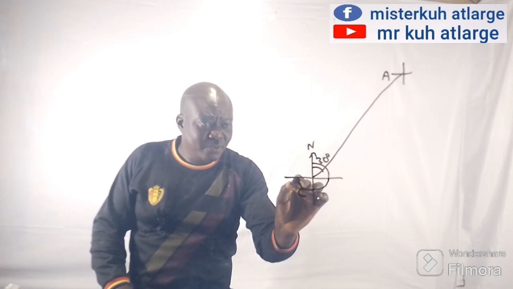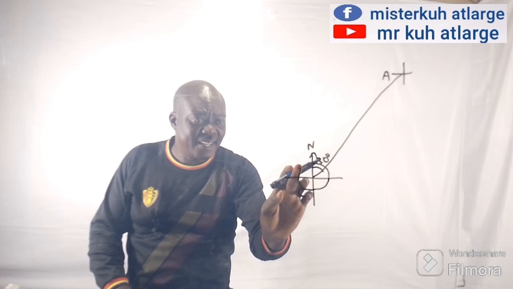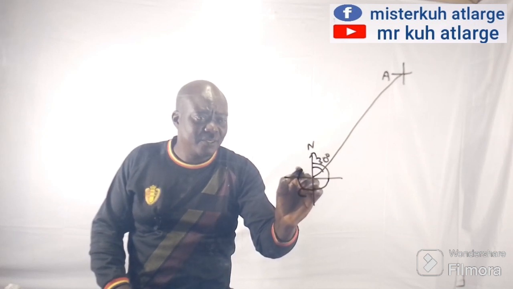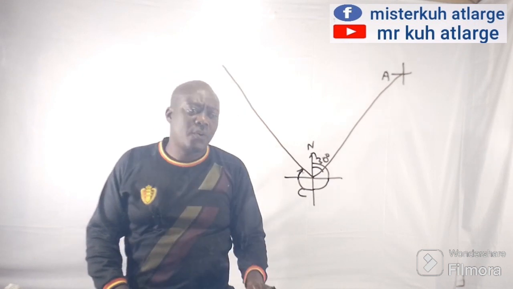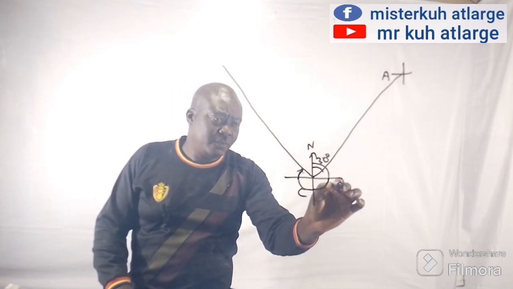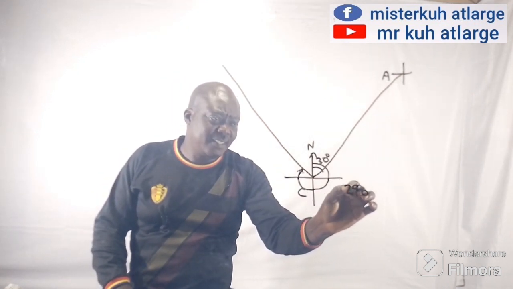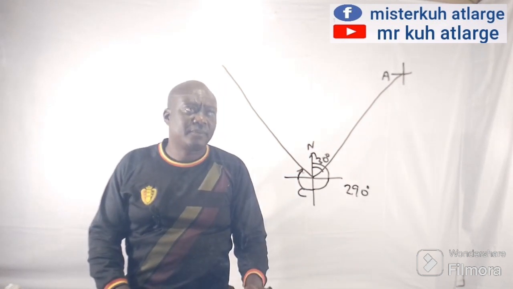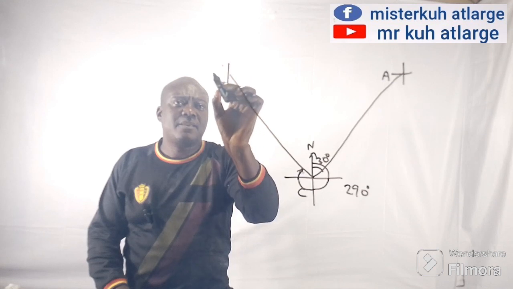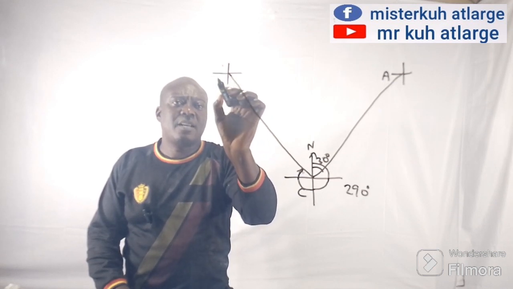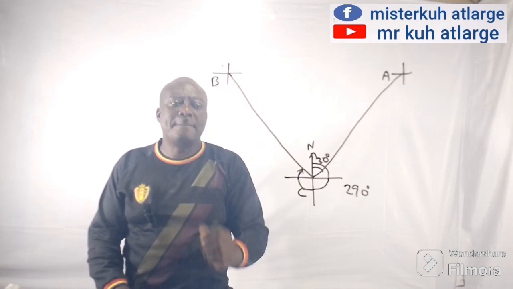So 290 will stop somewhere here in this quadrant. So you now draw, this place is 290 degrees, and you mark the course here. So this is B.